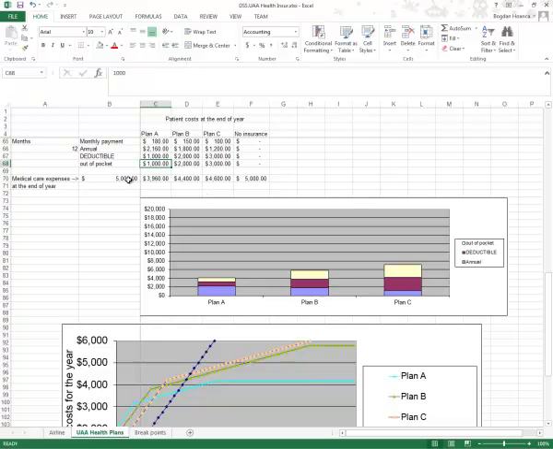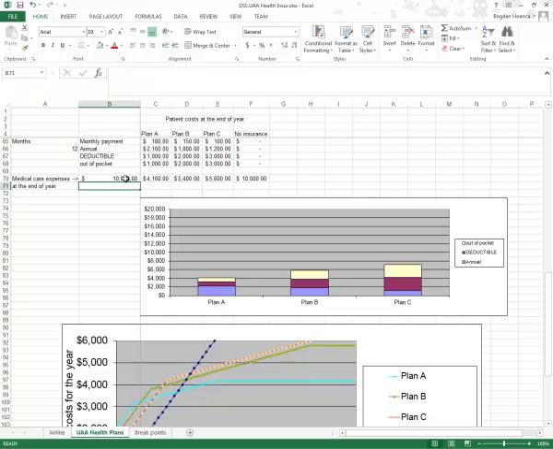So you can see that if we were to say incur charges of $10,000 under Plan A, there's no further change because the patient has met the deductible, has met out of pocket, and now the insurance company is paying everything.